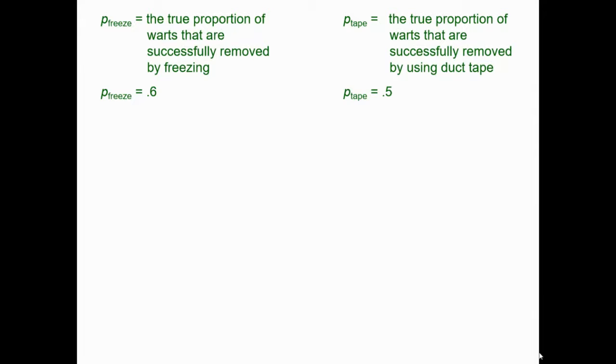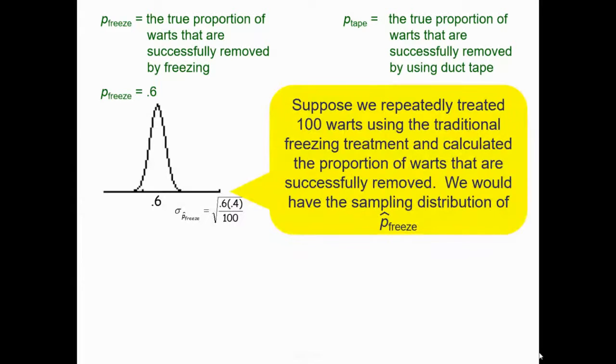P of taping, the proportion that worked for taping, is 0.5. So let's suppose we treat 100 warts using the traditional freezing method, and we calculate the proportion of warts that are successfully removed.